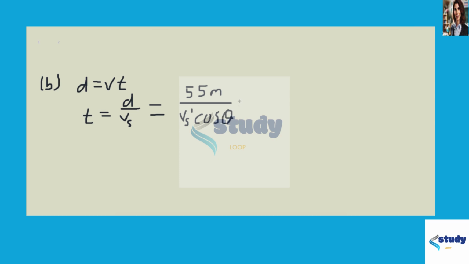We know what V of S prime is, and we found theta last time, so that's going to be 55 meters divided by V of S prime, which is 0.60 meters per second, times cosine of the angle.